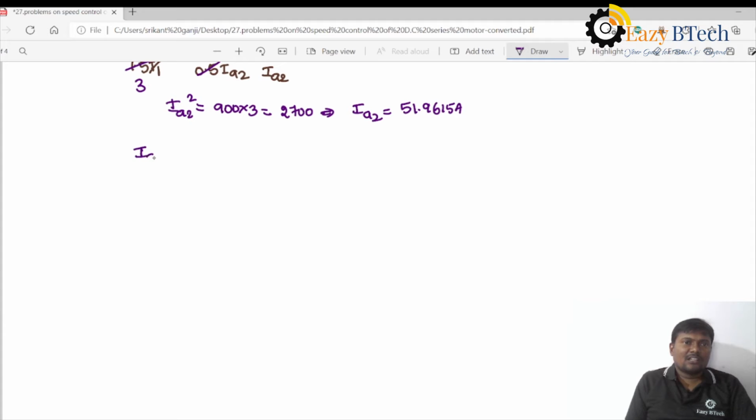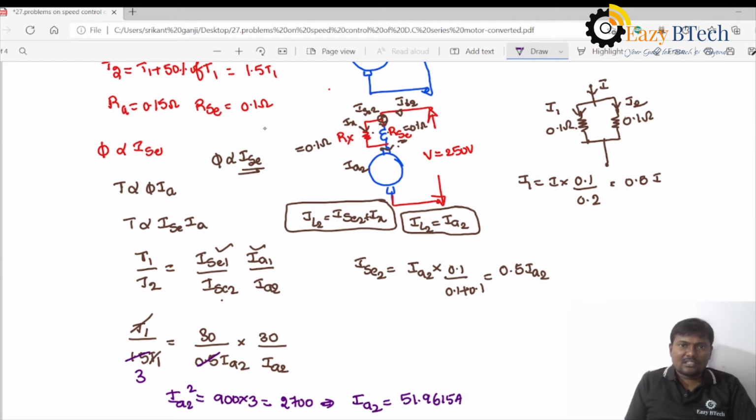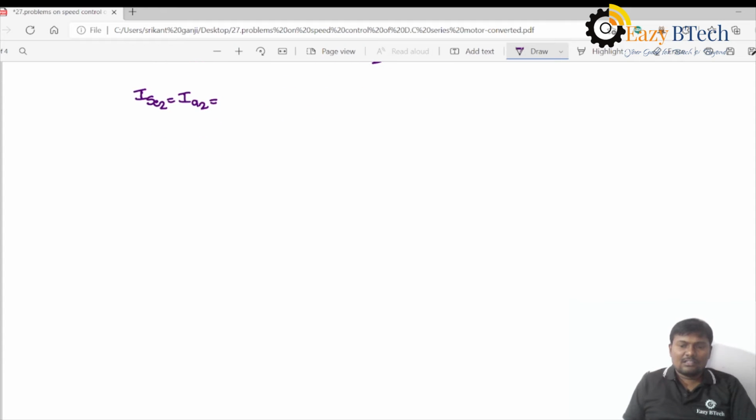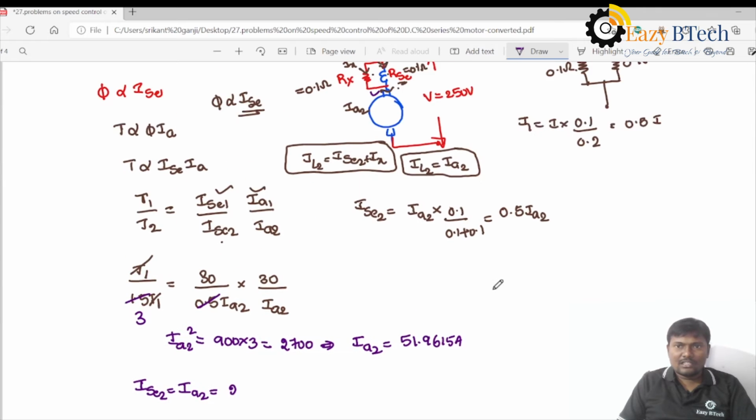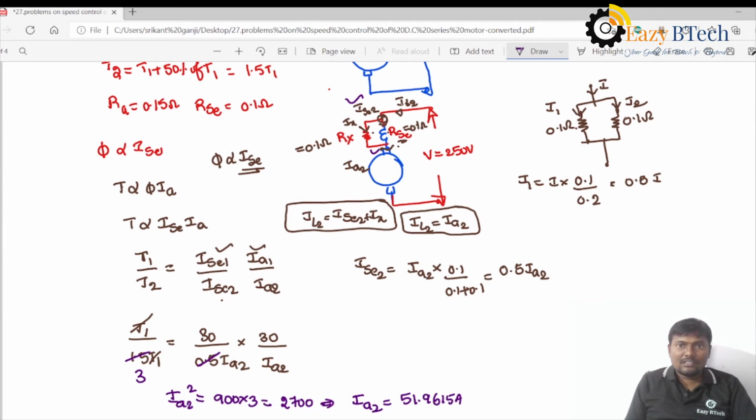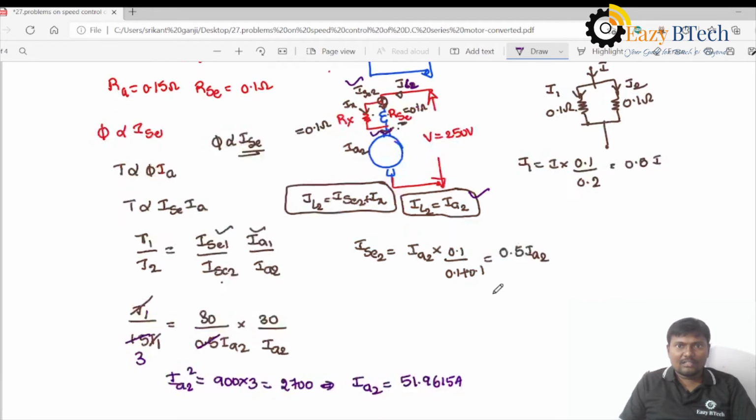So now the ISC2 and IA2 both are equal. The value of current is now, as ISC2, that is IL2 and IA2 both are equal.